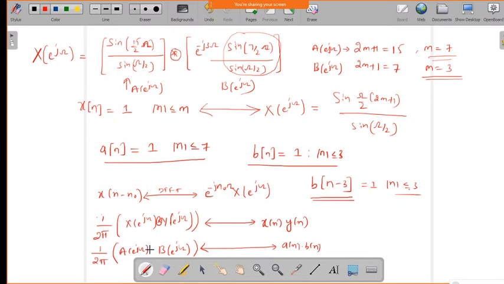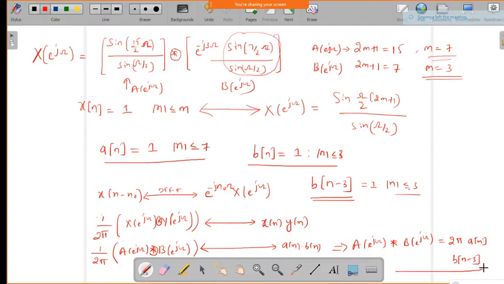So now the convolution of A of e power j omega with B of e power j omega will give 2 pi into a of n into b of n minus 3.